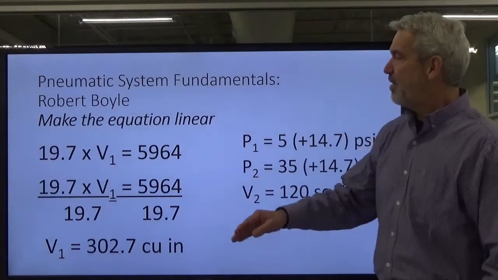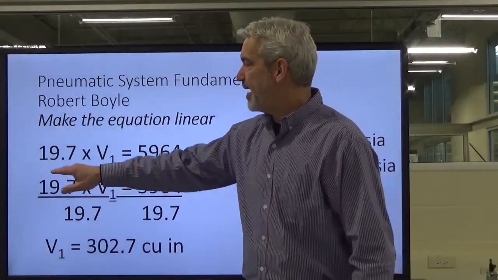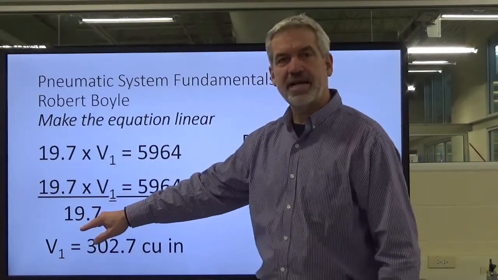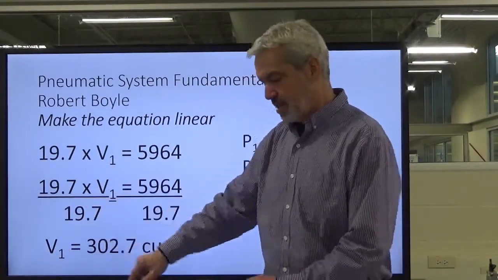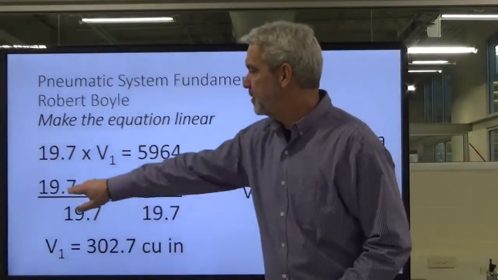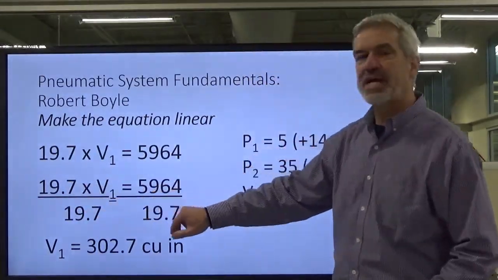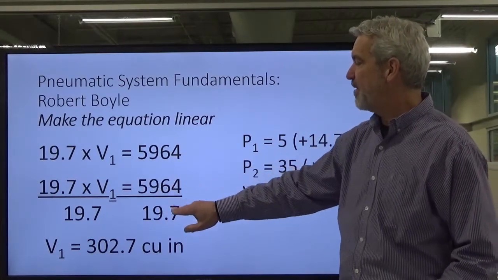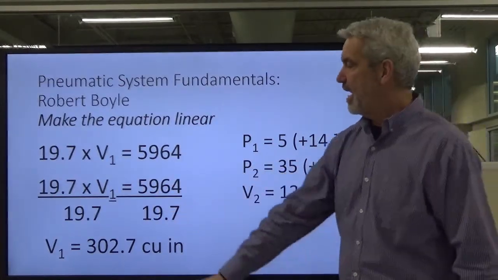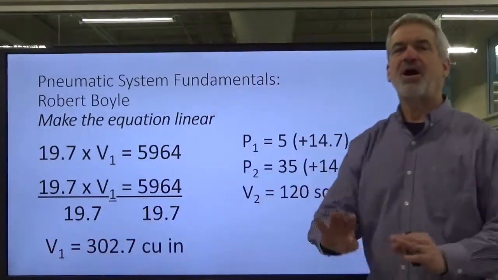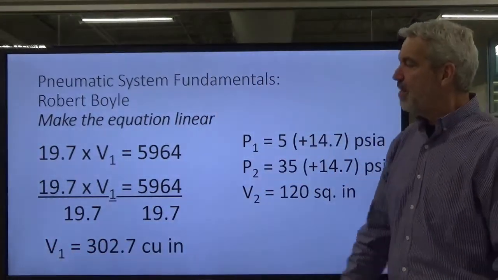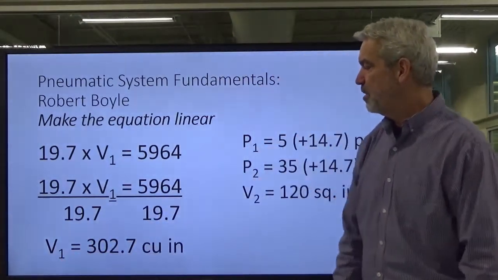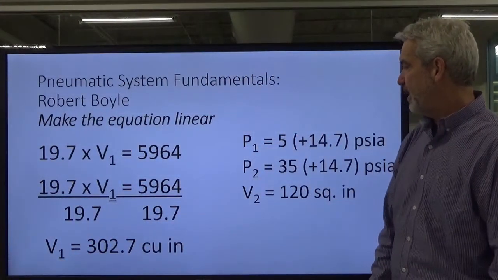Well, all we have to do is divide by 19.7, and anytime you do that, that will cancel out these two numbers right here. But if you do it to one side, you've got to do it to the other. So we take 5,964 and divide it by 19.7. Now we've got V1 all by itself. So the volume that we started with is 302.7 cubic inches.